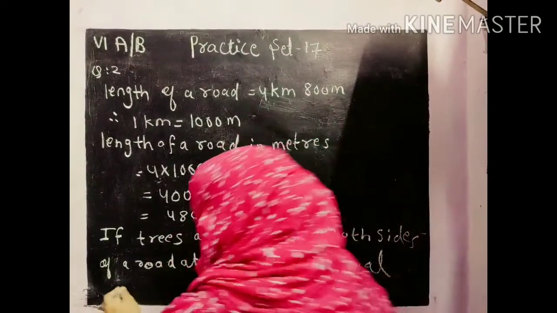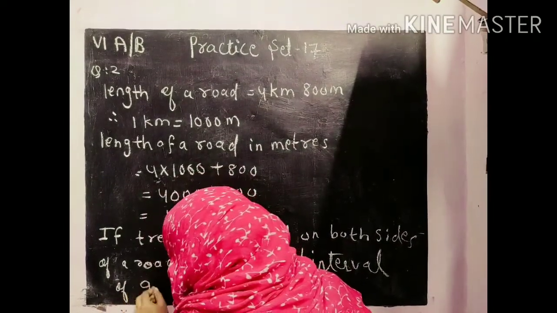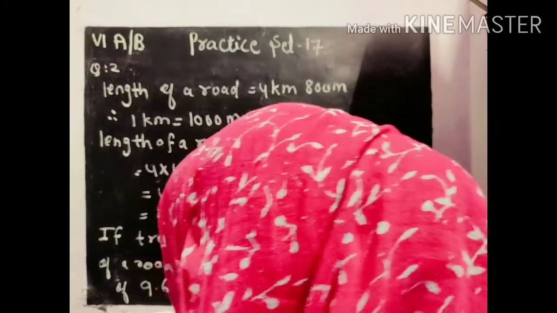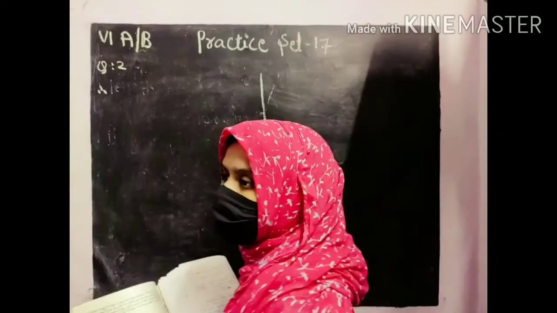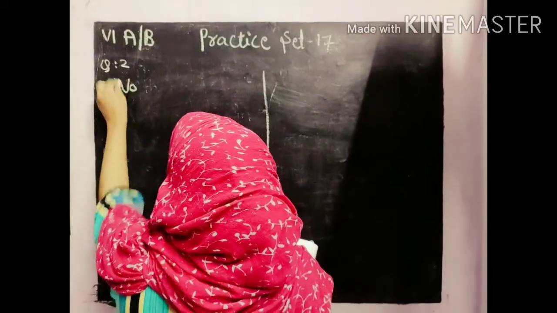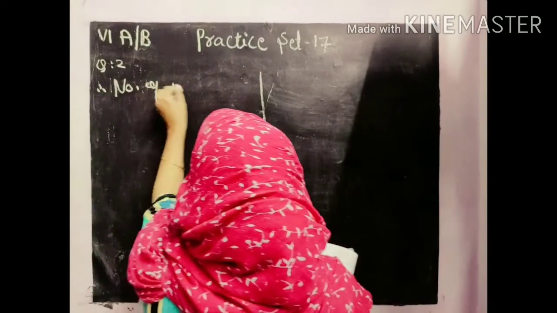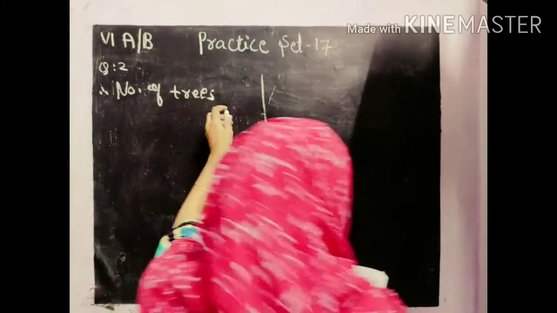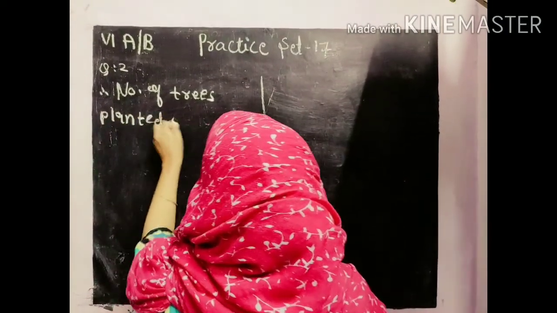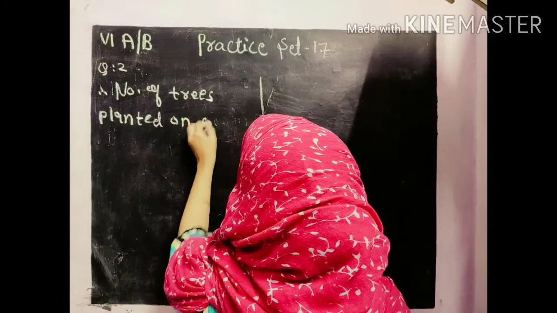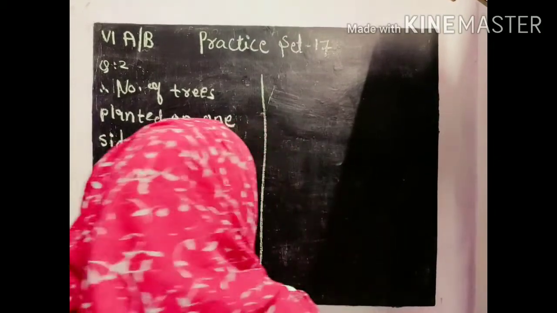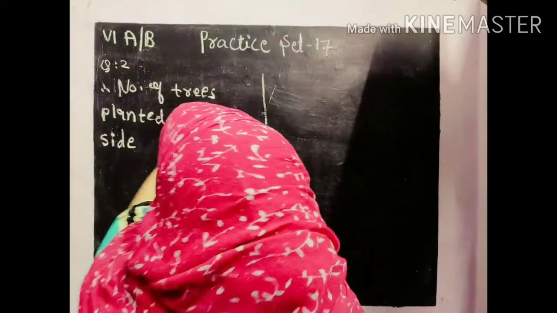Interval of how much? 9.6 meter. So we have to find out how many trees were planted. First we will find out the number of trees planted on one side.